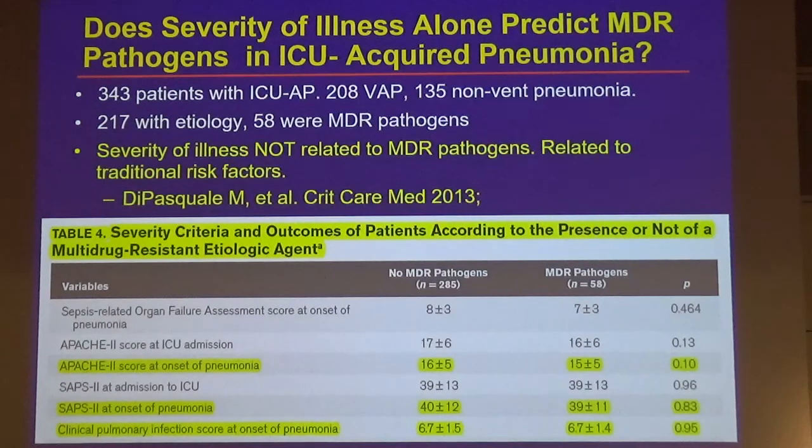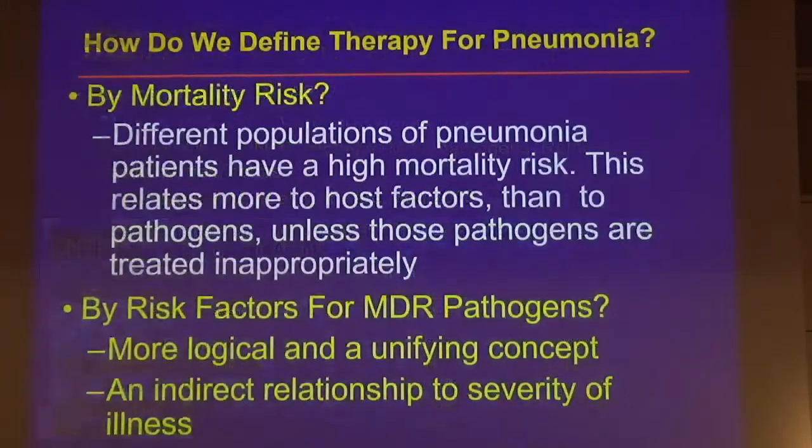And you can see in 350 patients with ICU-acquired pneumonia, some ventilated, some non-ventilated, severity of illness reflected by APACHE score, a SAPS score, or even the clinical pulmonary infection score, had no correlation with the presence of MDR pathogens. So severity alone would not be a good way to predict which pathogens you want to treat with pneumonia.